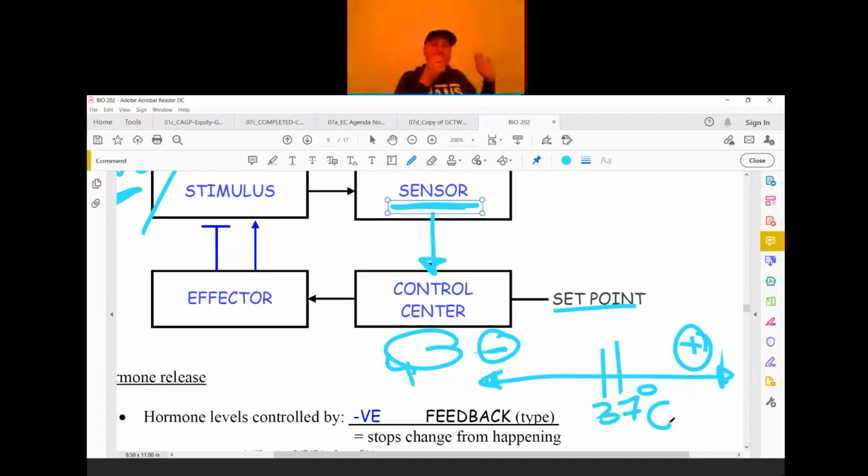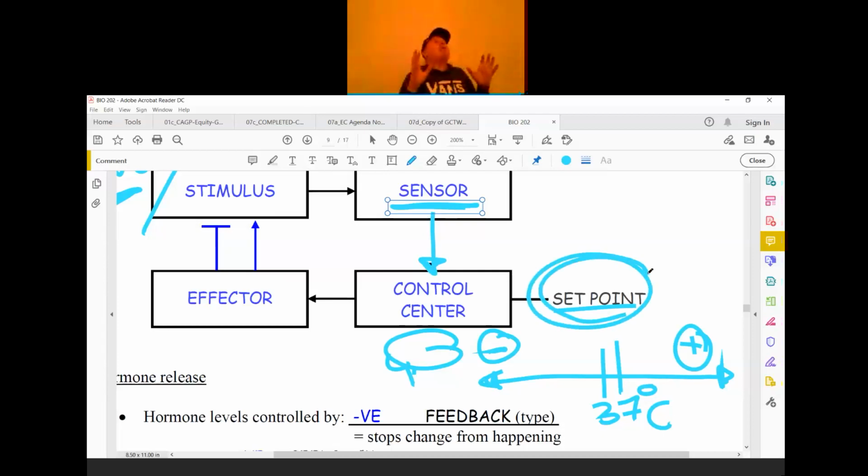If you go to negative 35, negative 34, you start to get sick. If you go much colder, you're going to die. If you go to 40 degrees Celsius, your enzymes will start denaturing. Your enzymes will start to get destroyed, and as a result, you won't be able to function. So we need to keep body temperature within a very narrow range, and you can think of this as the set point.